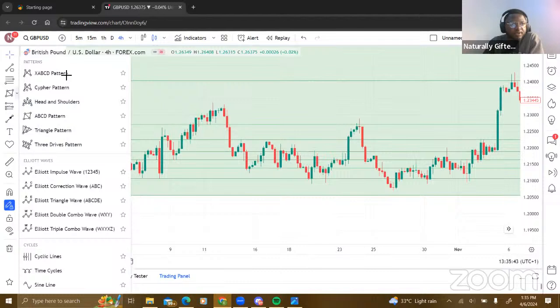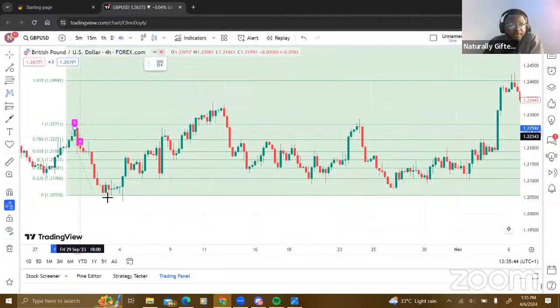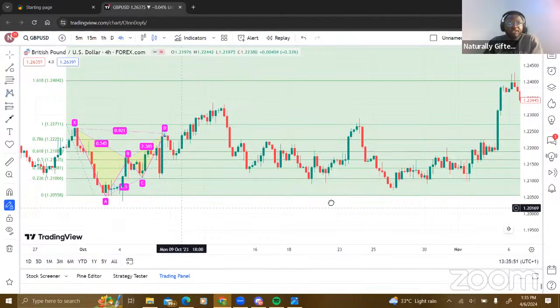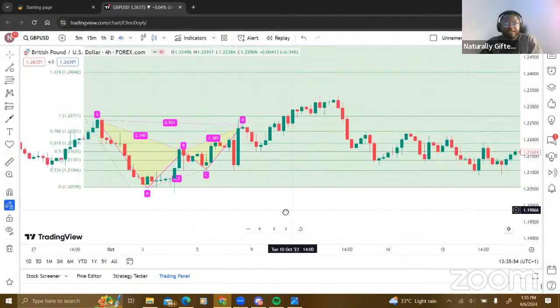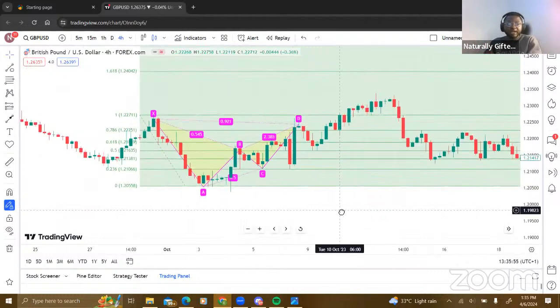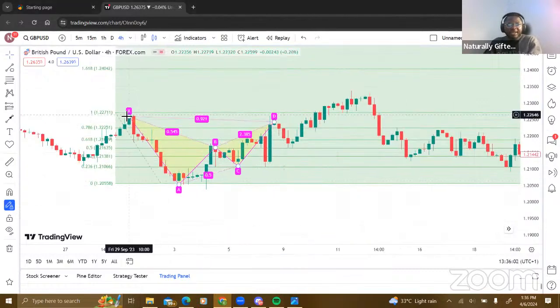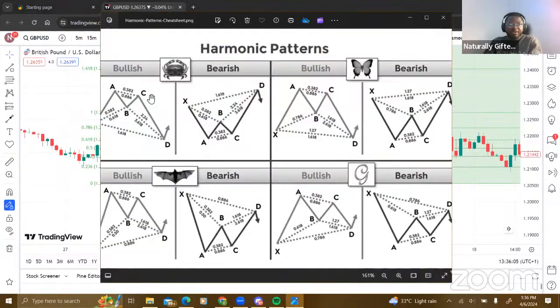What's happening? A, B, C, D. In this case, ladies and gentlemen, if you look at this, this is a retracement pattern. If you look at what I drew earlier with this, did you see this is the high, right? These are the different types of harmonic patterns that exist.